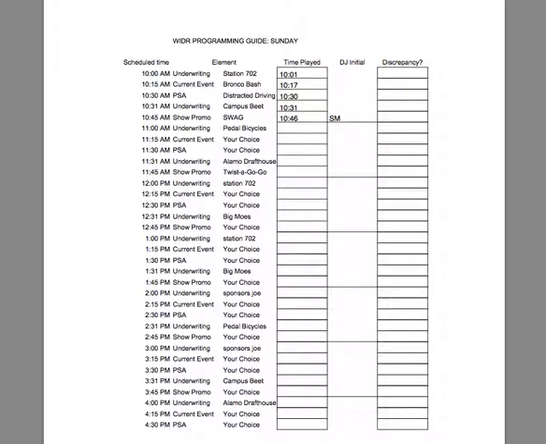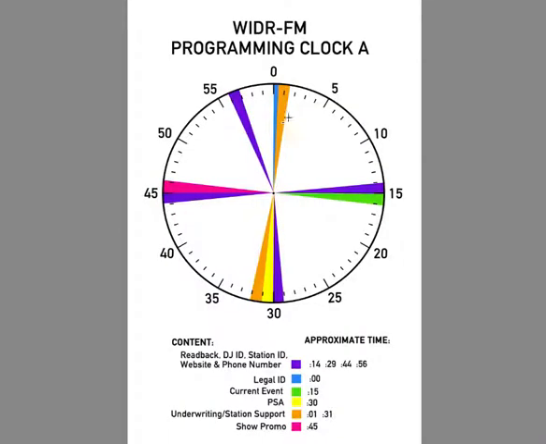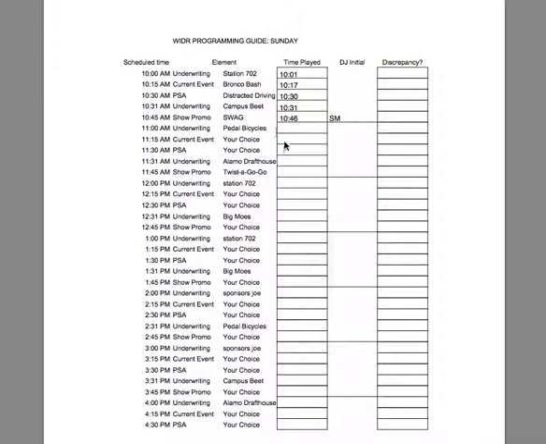So let's say it's 11 o'clock and I go to play an underwriting, and it's pedal bicycles underwriting, and let's say on that day, for whatever reason, the pedal bicycles underwriting isn't available. That's our fault, the director's fault, not the DJ's fault.